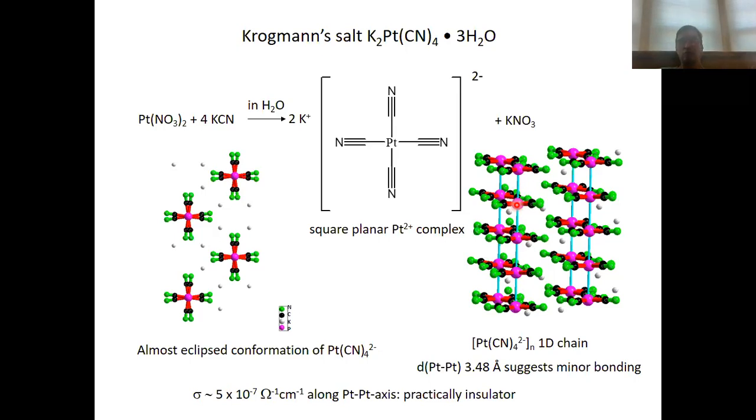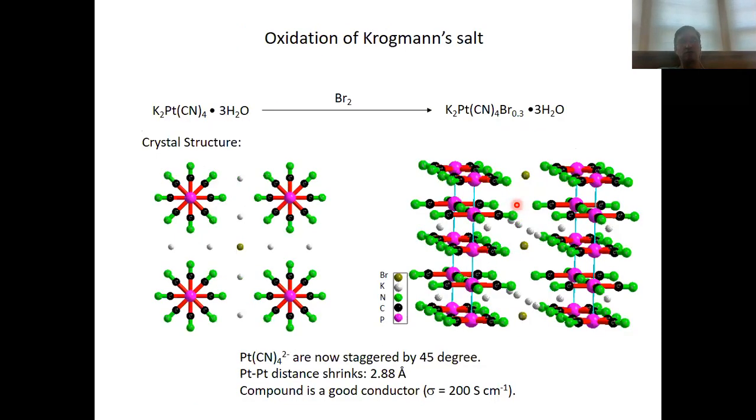However, this changes dramatically when you oxidize that salt with a little bit of bromine.